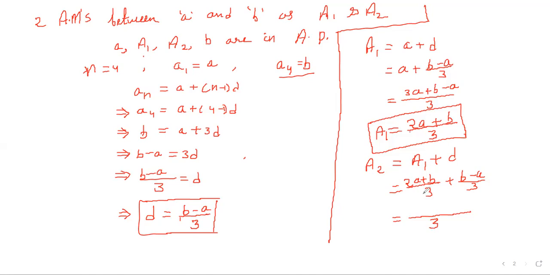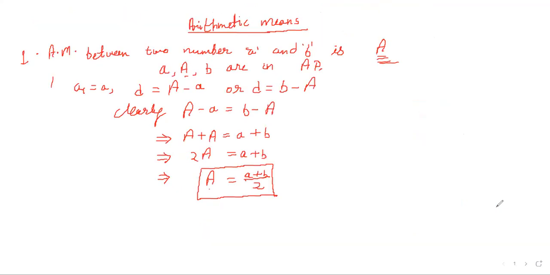Adding them, 2a plus a gives a, and b plus b is 2b. So if we insert two arithmetic means between a and b, the first one is (2a plus b) upon 3. Second is (a plus 2b) upon 3.